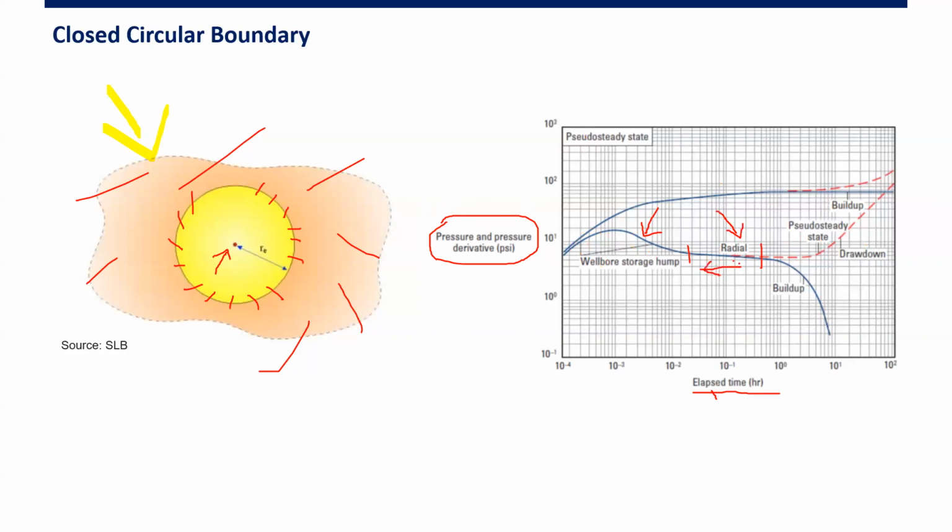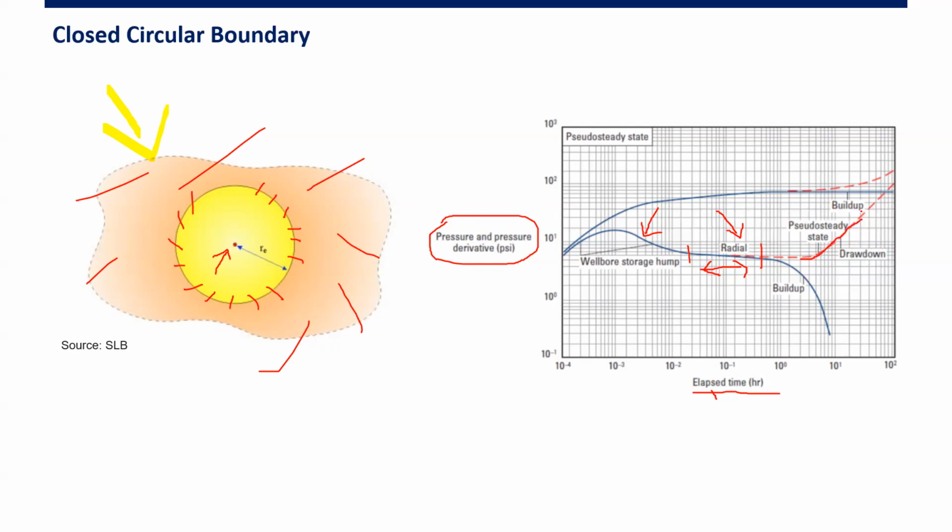And then after that, the derivative will deviate. And at late time, you will have an increasing trend like this with a slope of 1.